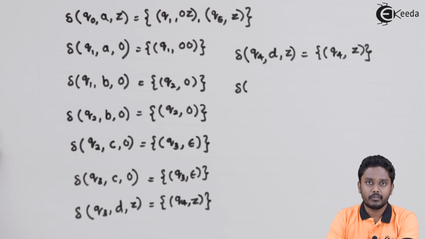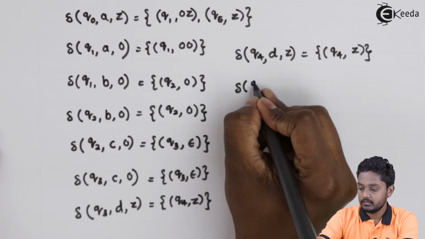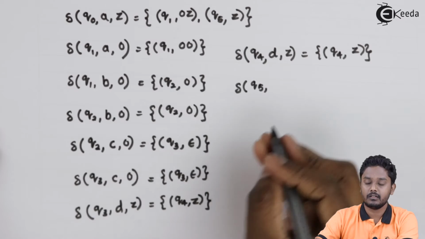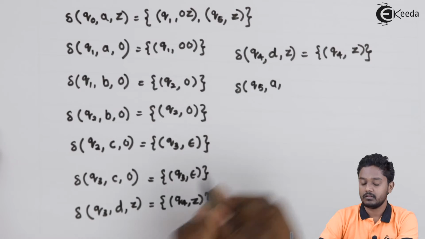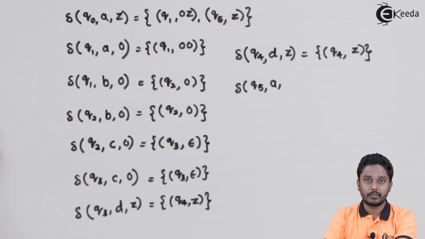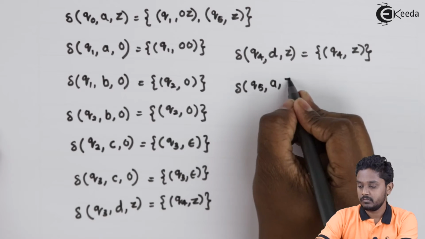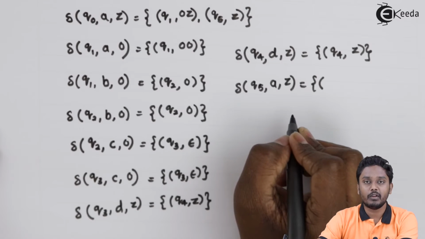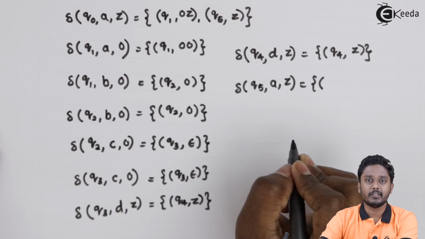Delta of Q5 on symbol A with Z as the top of the stack will stay back to Q5 only by keeping the top of the stack as it is.